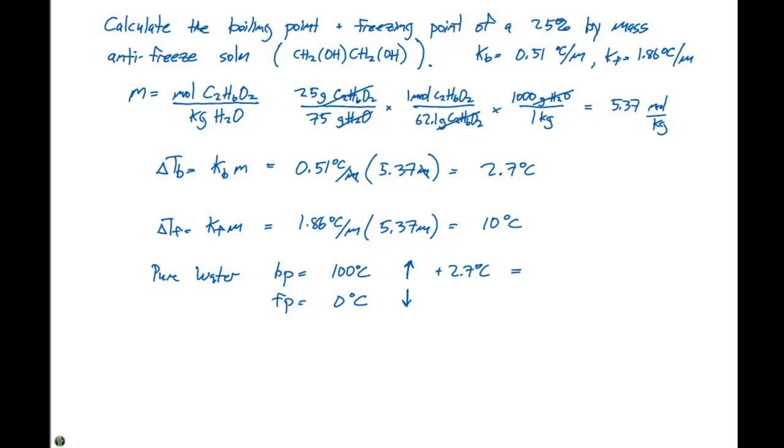So our new boiling point is going to be 102.7 degrees Celsius, and our new freezing point we need to subtract, and that's going to be now minus 10 degrees Celsius. So remember, we have boiling point elevation and freezing point depression. So here's our new boiling point, and this is our new freezing point with the antifreeze solution added to the pure water.